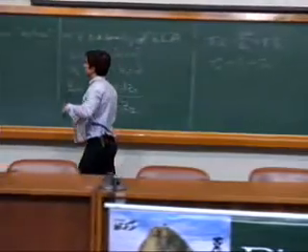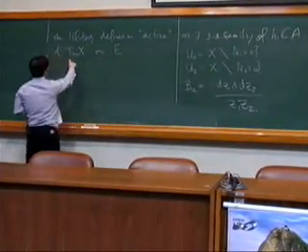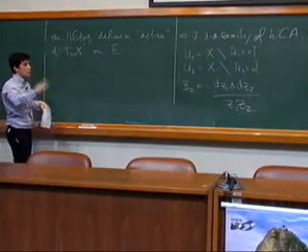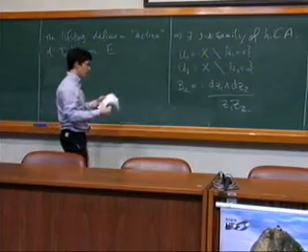So there's this action, and the idea is that we would like to reduce under this action. We want to quotient by the action.